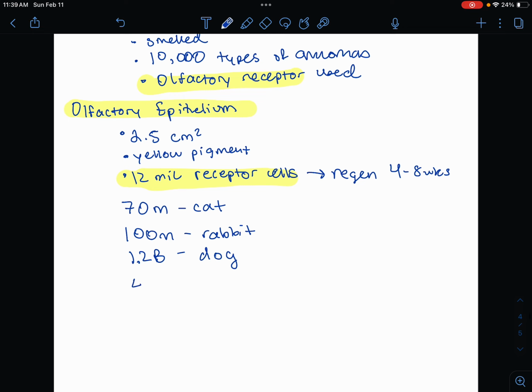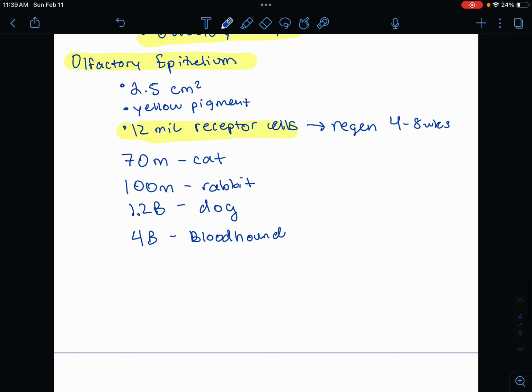This breed has 4 billion. And the animal that has the most olfactory receptors would be the bear at 25 billion. So again, human, cat, rabbit, dog, bloodhound, bear. Bear being the one animal that has the most of these olfactory receptors.